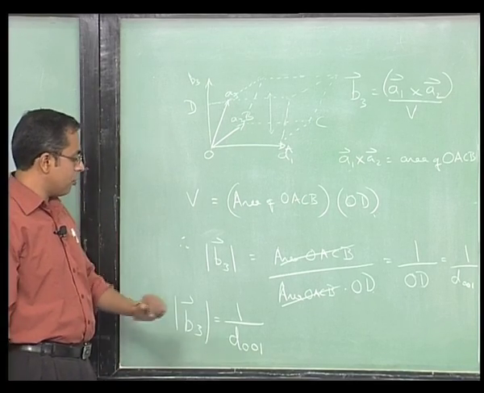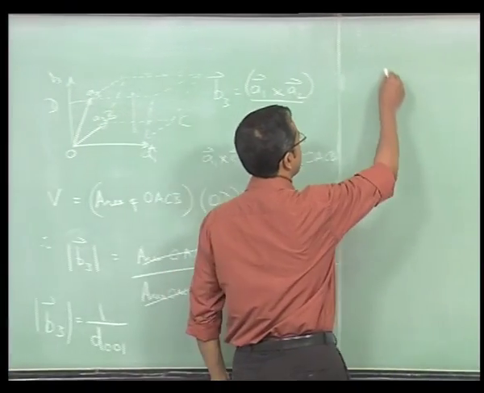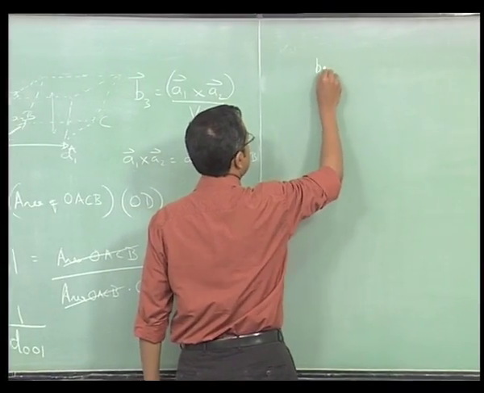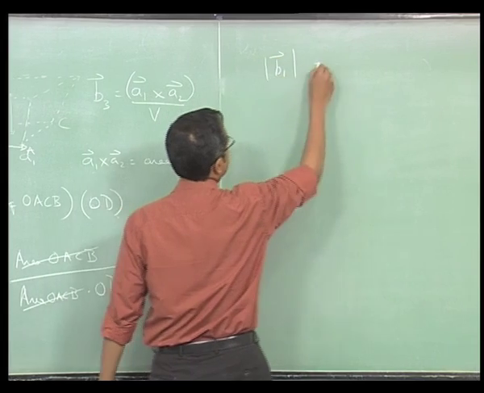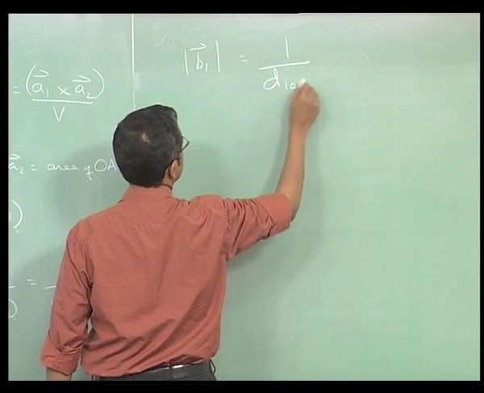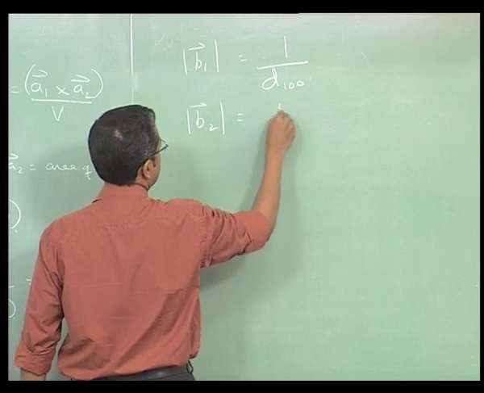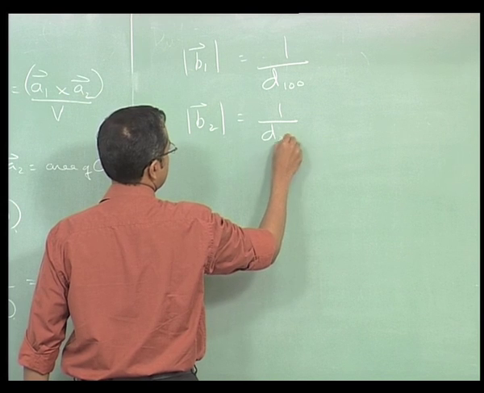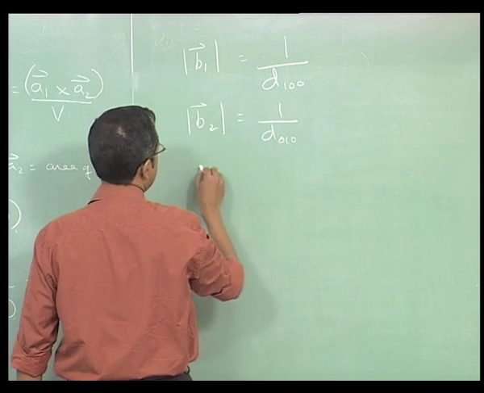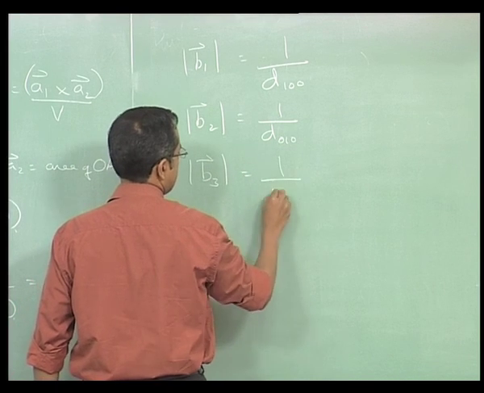So therefore we find, and by analogy, if you extend this argument, the same thing would hold for the other ones too. B1 is 1 by D 1 0 0, B2 is 1 by D 0 1 0, and B3 which we just did is 1 by D 0 0 1.